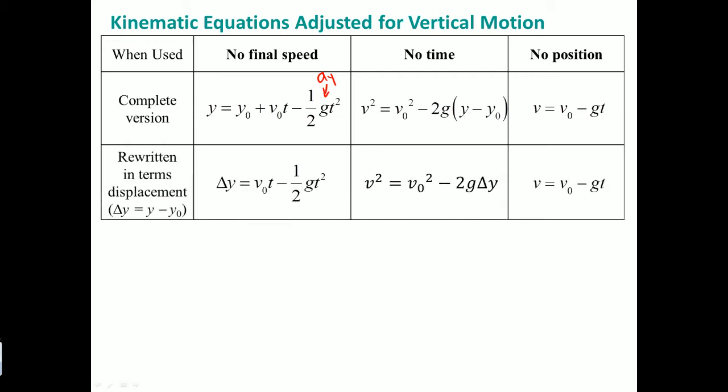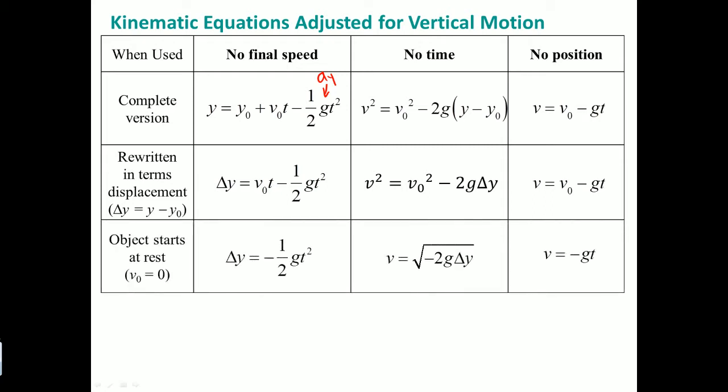Notice this behaves exactly the same way. Now, if you rewrite it in terms of displacement, which is delta y equals y minus y naught, you get these equations. Lastly, if the object starts at rest, these values go to 0, and it simplifies into that.